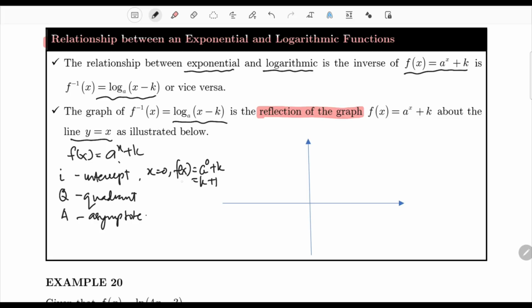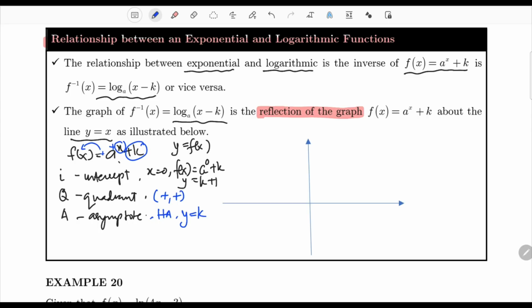That will be the value of your y. Quadrant: we are looking at the sign of x here. This is positive, and this is also positive, meaning f(x) is also positive. So plus here. And the asymptote comes from here, which is the horizontal asymptote: y equal to k.